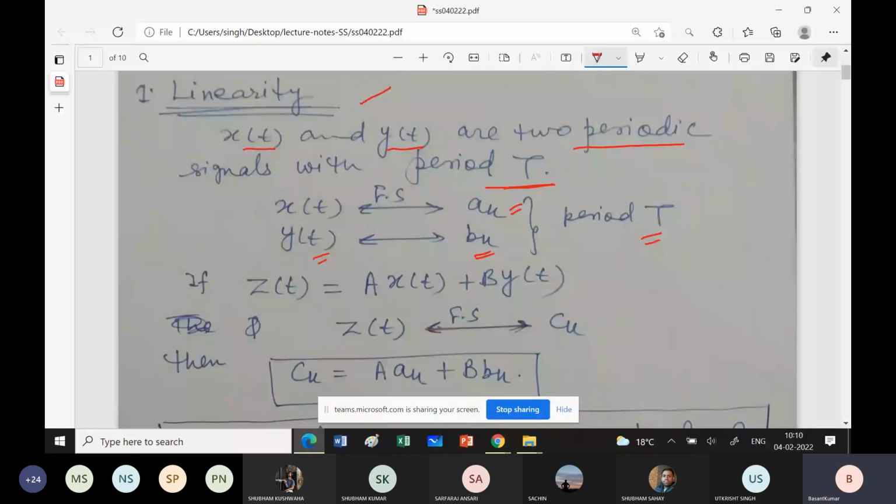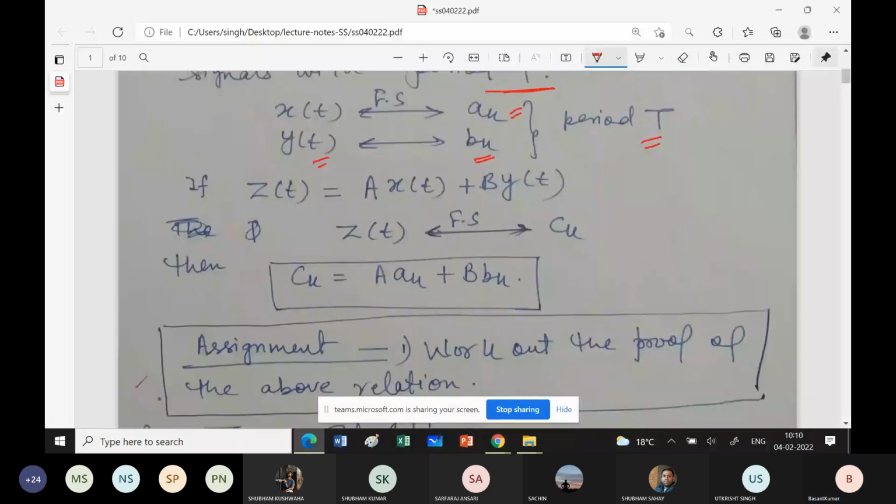So in that case, if z(t) is a new periodic signal which is represented as a scaled version of x(t) and y(t), by observing it is very clear that it is also going to be a periodic signal of time period T, because both signals x(t) and y(t) have the same time period T.